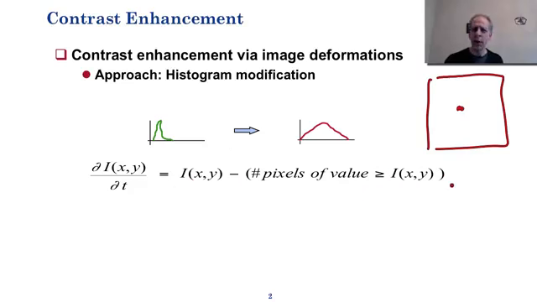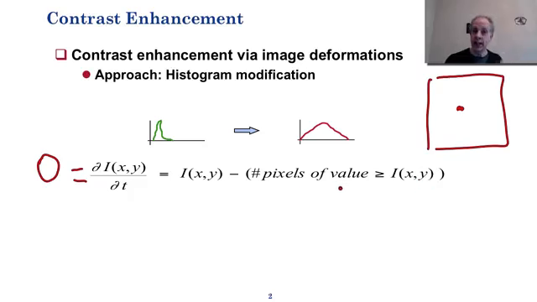Now, why is this doing histogram modification? Very simple. Remember what we talked about. Normally, you deform the image equal to your goal. Now, when you get to steady state, this becomes 0. So the pixel value of the image becomes equal to the number of pixel values above your own value.